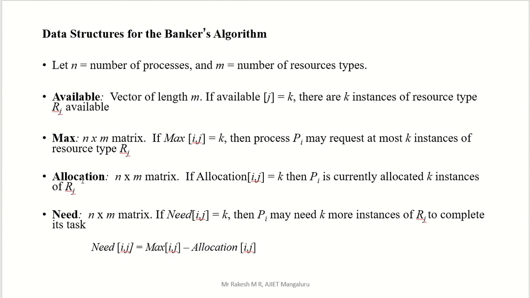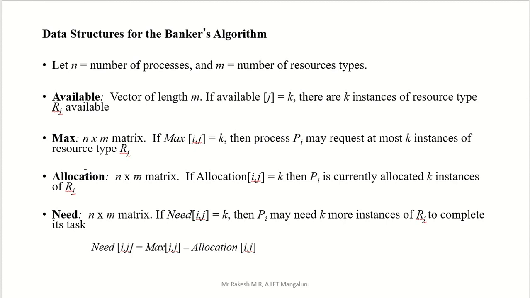Need means how many resources a process still needs after allocation. So how to find out need? Again, I will repeat: maximum means how many resources are needed for that particular process. Allocation means how many are already allocated.